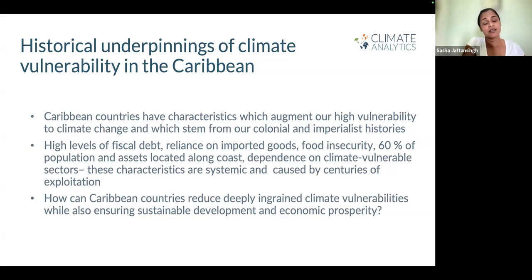It's not only climate change and looking at technical solutions, but also looking at how we incorporate dealing with gender issues, looking at race, looking at social and economic inequalities and so on. That could also, at the same time, reduce our vulnerability to climate change, and support sustainable development and economic development priorities as well.